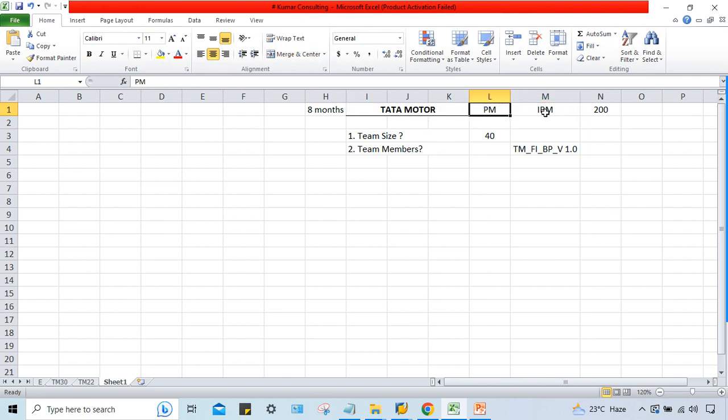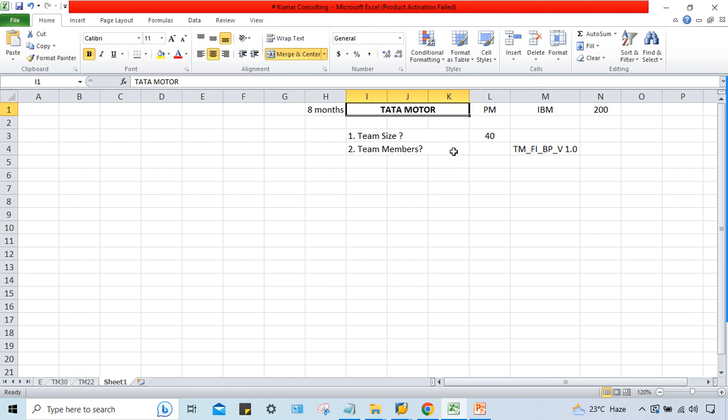So from the IBM side, a project manager will be there, then senior and junior consultants. From the Tata Motors side, a project manager will also be there. So these are the counterparts of each other. Now from the IBM side consultants are there, and from the Tata Motors side core team members are there.